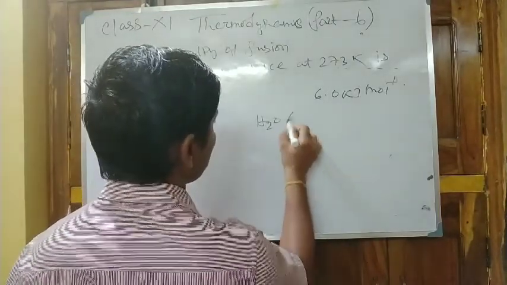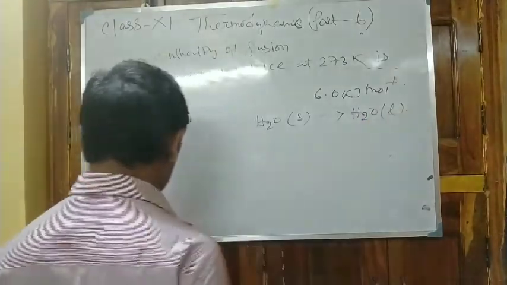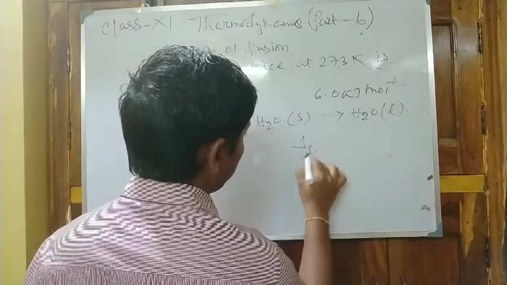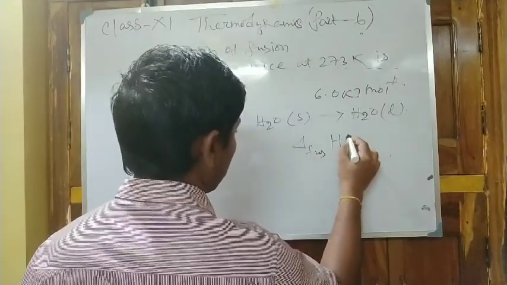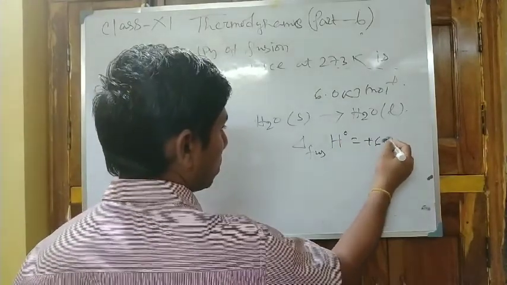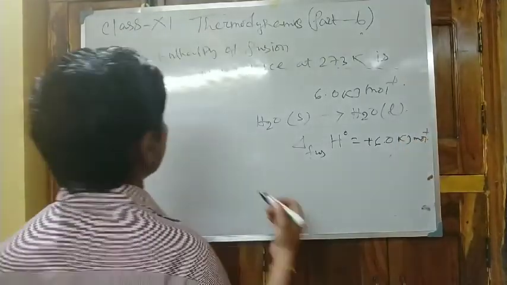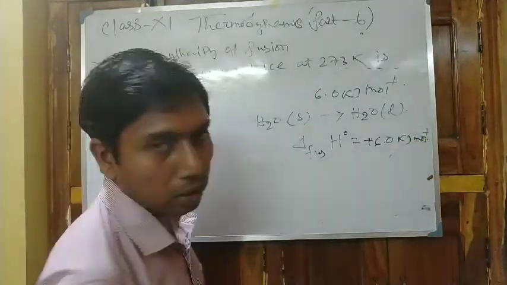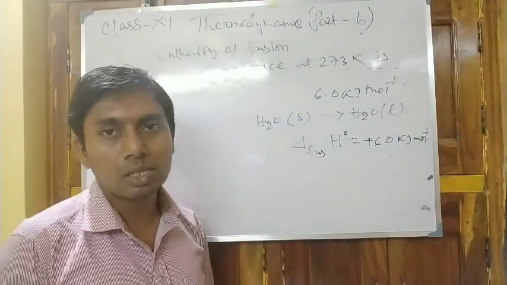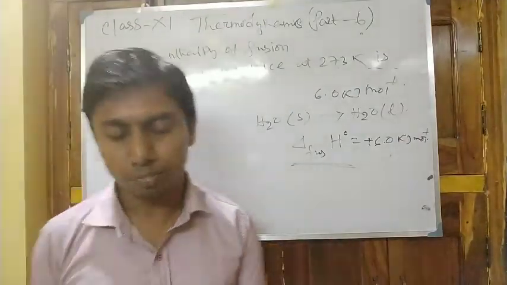H2O solid to H2O liquid is the phase transformation. So delta fusion H at standard state is equal to plus 6.0 kilojoule per mole. It is the representation of enthalpy of fusion. So enthalpy of fusion is the phase transformation from solid state to liquid state, and we can represent it by delta fusion H.